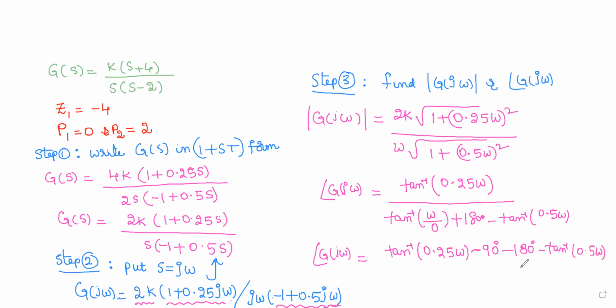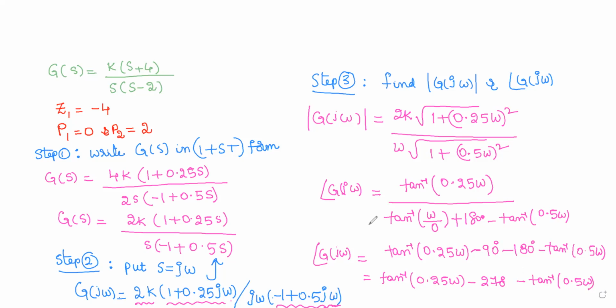Okay, so minus 90 minus 180, the angle value is minus 270 degrees. So tan inverse 0.25 omega minus 270 degrees minus tan inverse 0.5 omega.